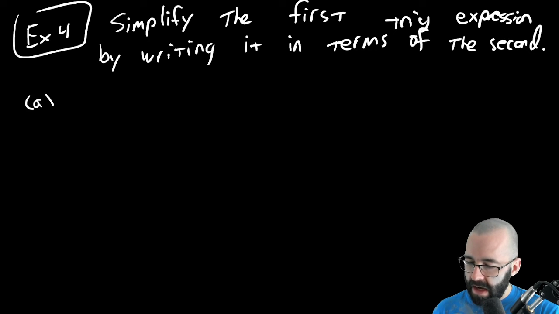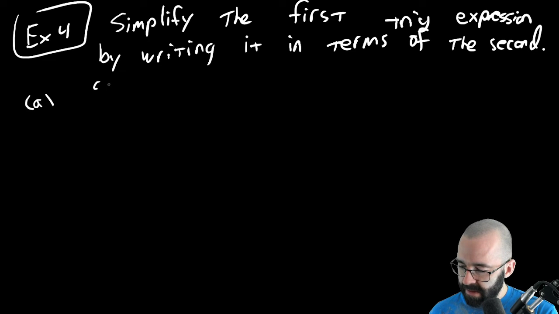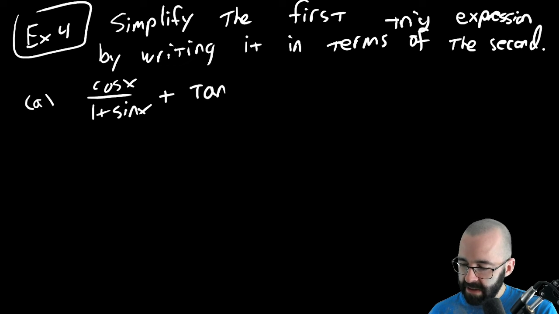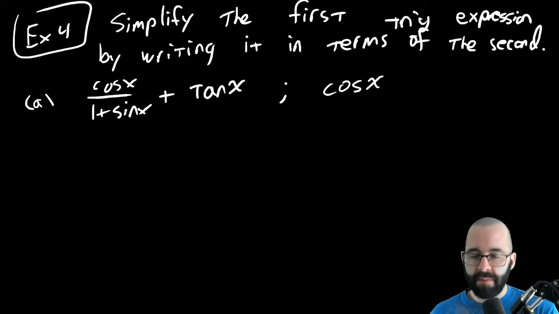Part A. I want you to simplify cosine of x divided by 1 plus sine of x plus tangent of x. I want you to simplify that by putting everything in terms of cosine.